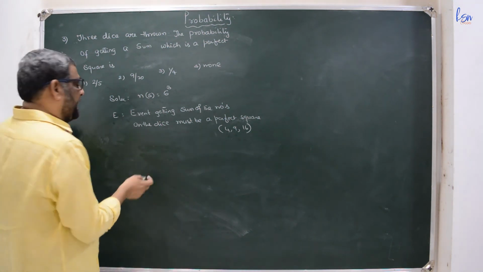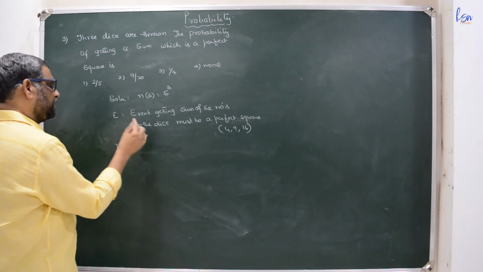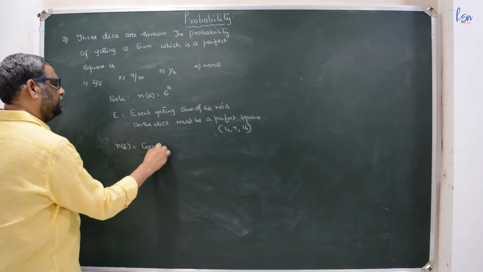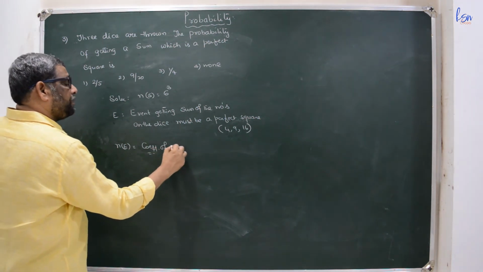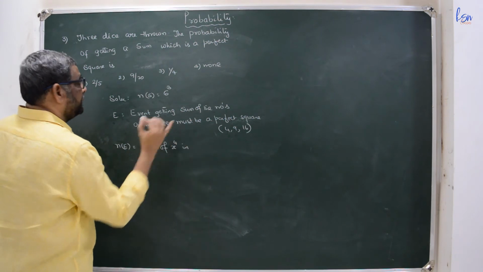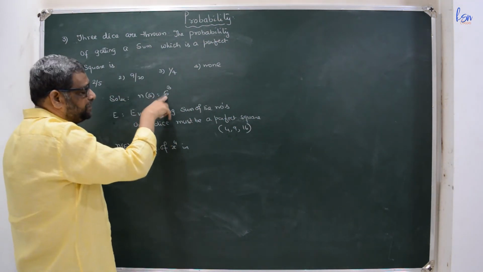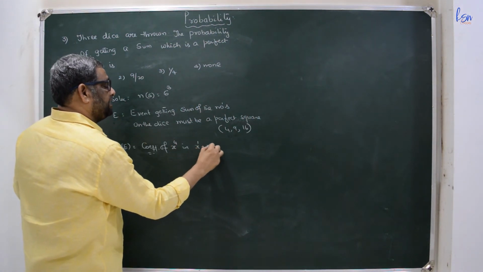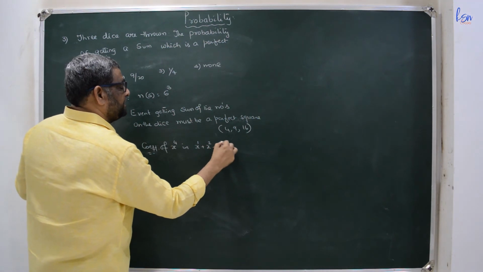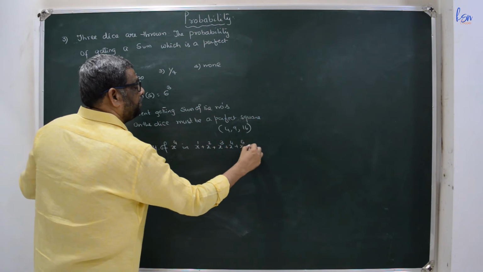So instead of doing it like this, n of E is equal to the coefficient of x to the power of 4 in, since the die has 6 possible outcomes 1 to 6, x plus x square plus x cube plus x power 4 plus x power 5 plus x power 6, whole cubed.